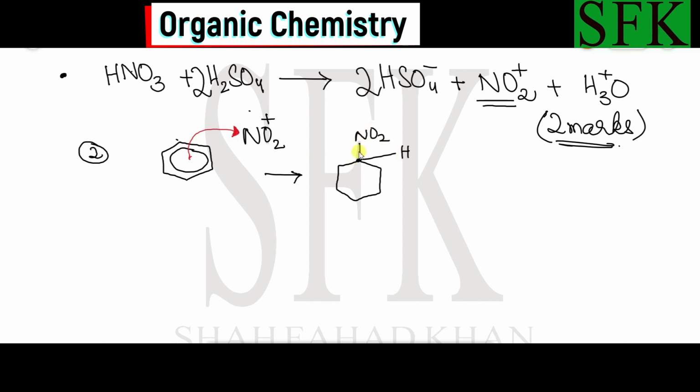Now, the two immediate neighbors of this carbon: start drawing the ring from here and end it on the second neighbor.